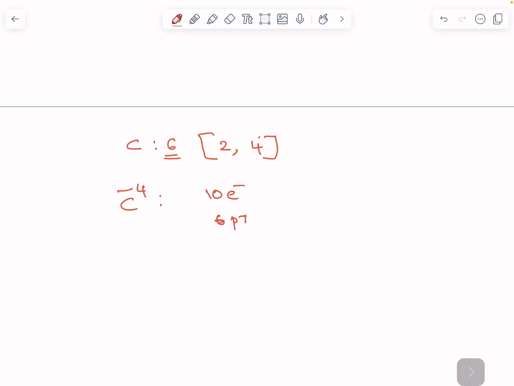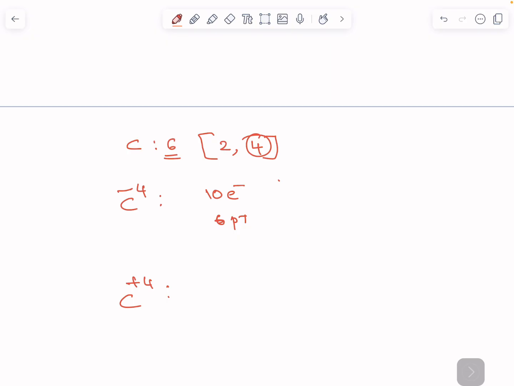Now suppose if carbon loses these 4 electrons, then carbon will get plus 4. For taking out 4 electrons, it requires a large amount of energy and it cannot form. Okay, so carbon cannot form a cation also, because removal of 4 electrons from a carbon atom would require a large amount of energy, and it cannot form.